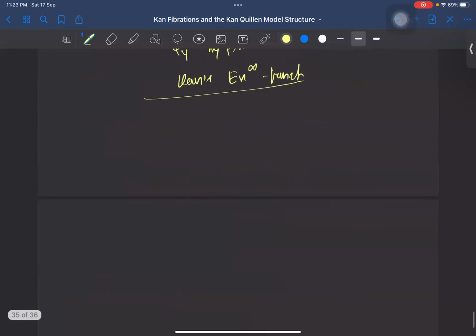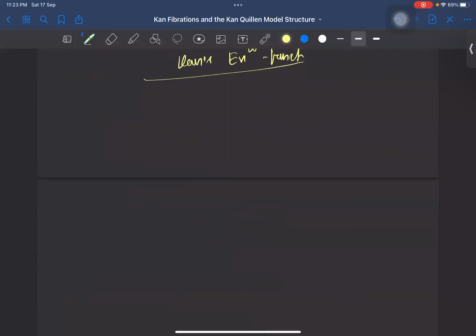So let me quickly give an idea about it. It is basically a combinatorial construction that associates a Kan complex to an arbitrary simplicial set X, up to natural weak equivalences. We'll prove that this is a Kan complex for X a simplicial set. That is the idea.